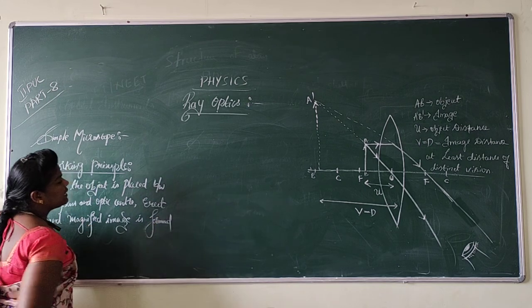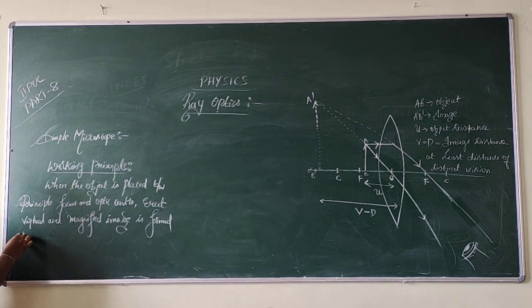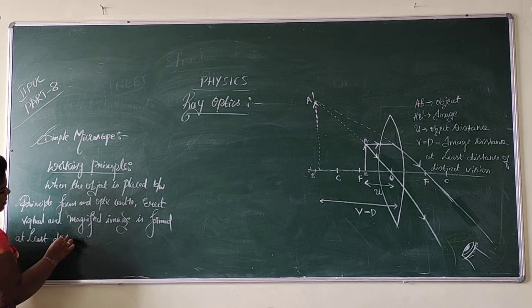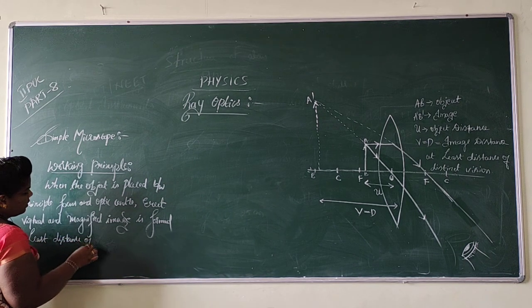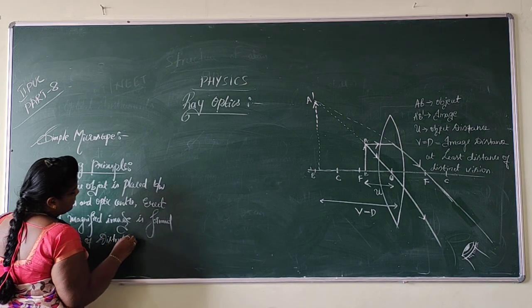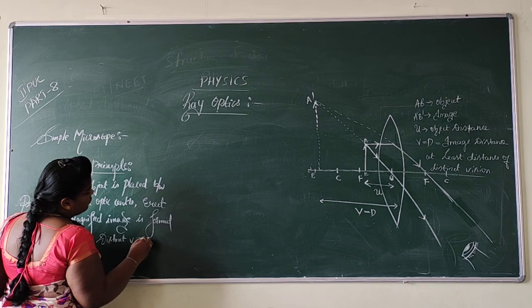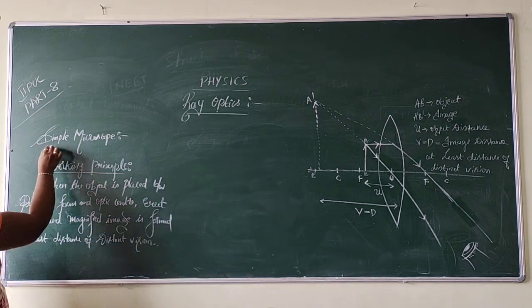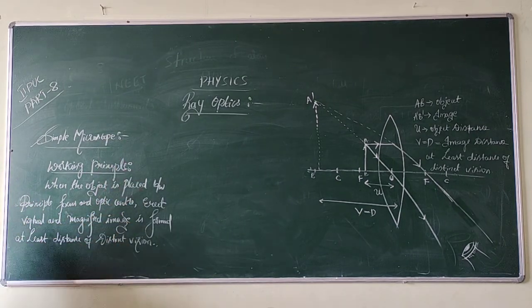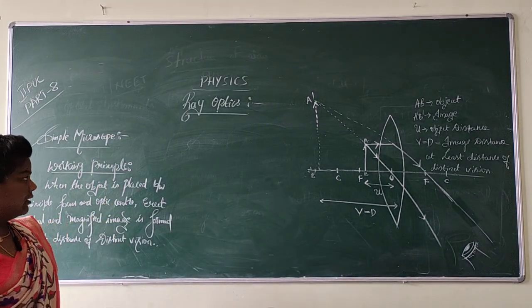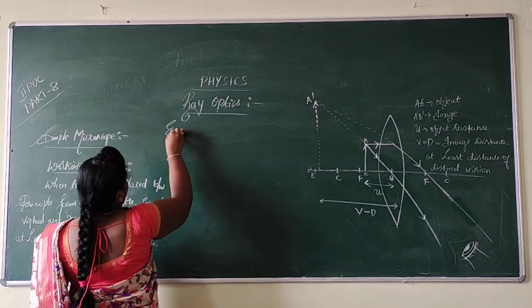Where exactly is it formed? At the least distance of distinct vision. This is the working principle of the simple microscope.